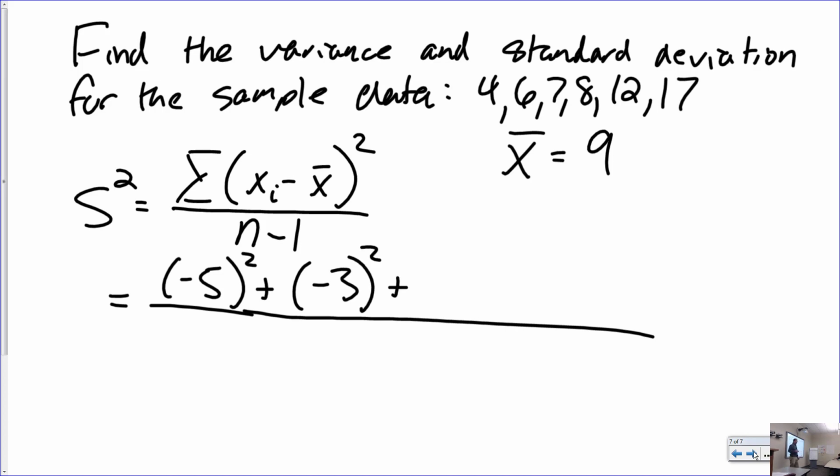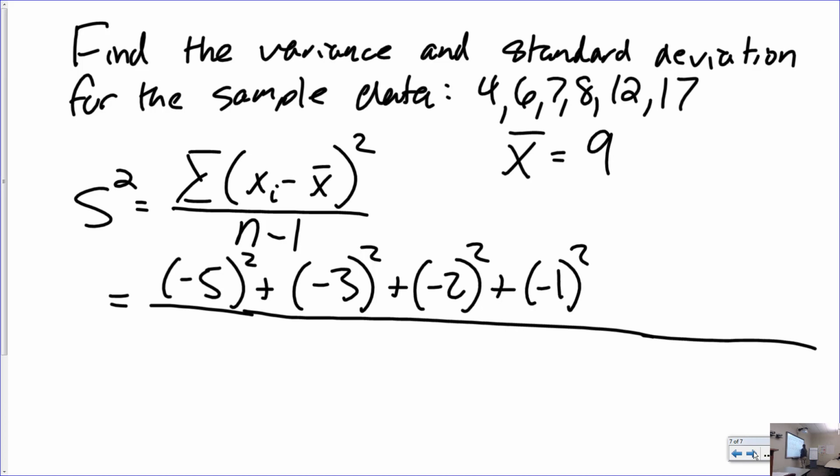Don't forget that you're squaring it, right? So all those negatives are going to go away. And then just keep going down the line, right? What's 7 minus 9? What's 8 minus 9? What's 12 minus 9? And last but not least, 17 minus 9.